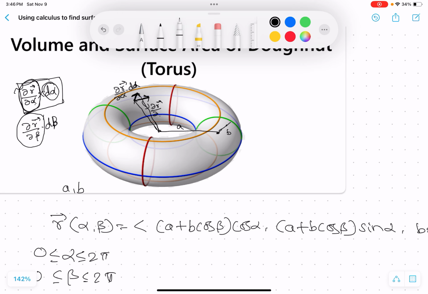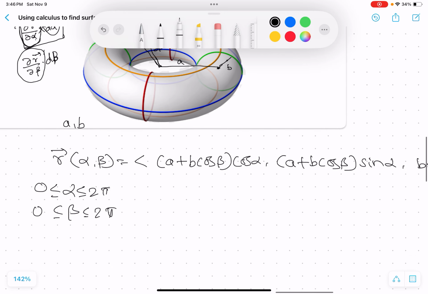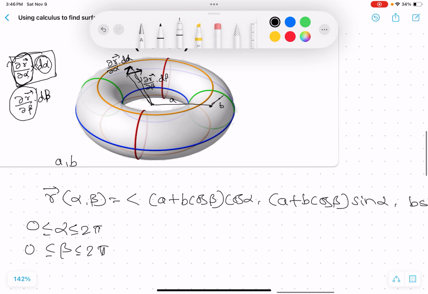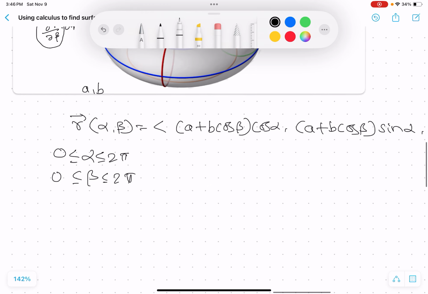Now why are we dealing with keeping one constant and then the other? The reason is that while integrating, while alpha is going from some values to other values, even in this case, while alpha is a fixed value, beta will be changing.